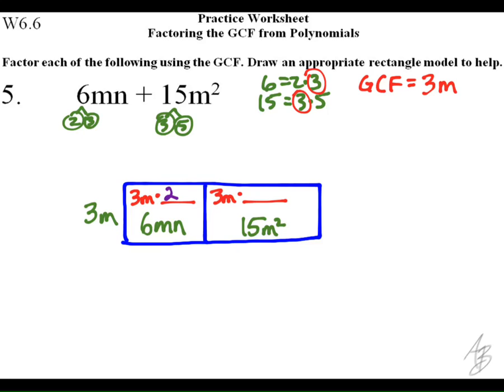I need the n. Okay, and then what do I multiply by 3 to get 15? 5. And what do I multiply by m to get m squared? How many m's are here? How many do I need? So how many more should I put on here? 1 more. So we have 2n and 5m.